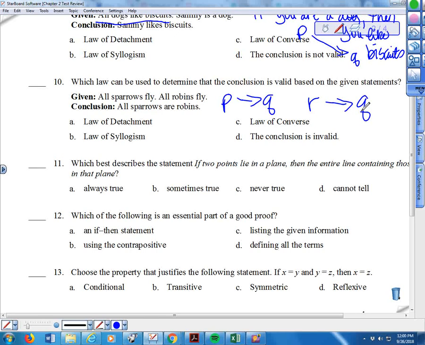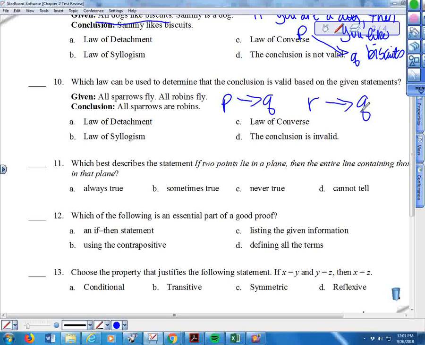Well, remember with the law of syllogism, I do have two if-then statements, but the law of syllogism has to go if P then Q, if Q then R, the hypothesis of the second has to be the conclusion of the first. So for this to be true, I would have had to say, if you are a sparrow, then you can fly. If you can fly, then you're a robin. All sparrows are robins.